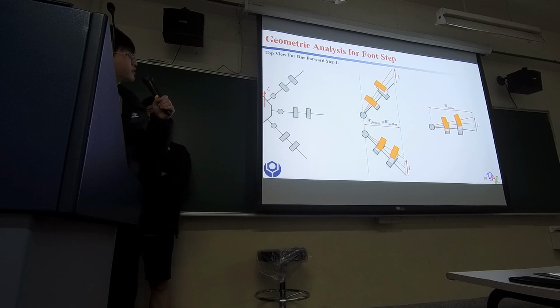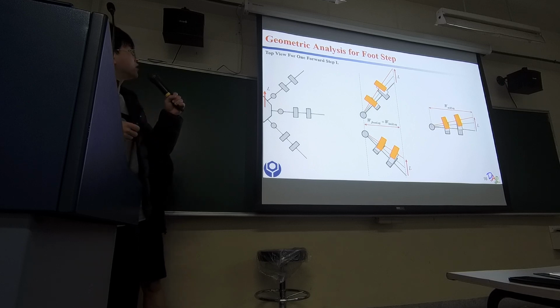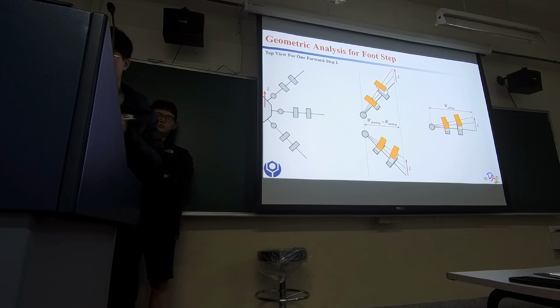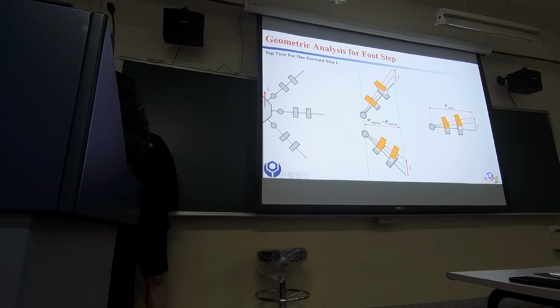So in this case, assuming we are moving forward, we can see there are 3 legs: the front leg, middle leg, and the back leg, and they have to move forward the distance of L. As we can see, the width of the front leg is equal to the width of the back leg, and the width of the middle leg is larger than these 2.